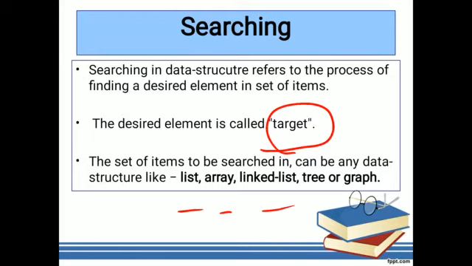So searching means we are finding a particular element. Why do we find a particular element? To process that data, that is, to perform some operation on it. We also find out whether the element exists or not, because sometimes we look for an element in a particular set and it does not exist. So how do we find that? We search for the element, and for searching we follow different techniques.